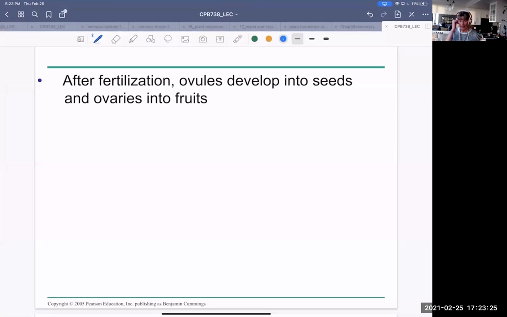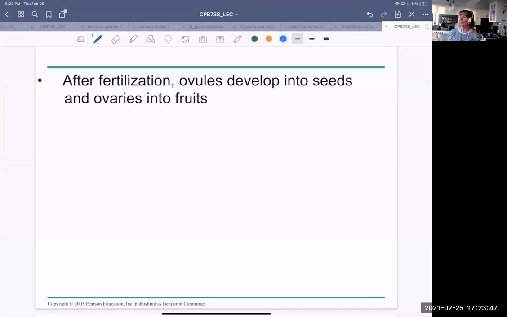Has all 4. And we looked at the development of the sporangia. So the microsporangia in the male parts of the flowers and the megasporangia in the female parts of the flowers, which produce eggs and sperm.